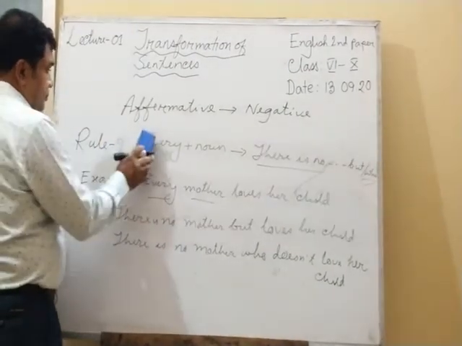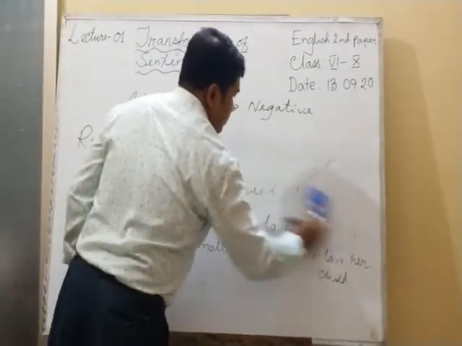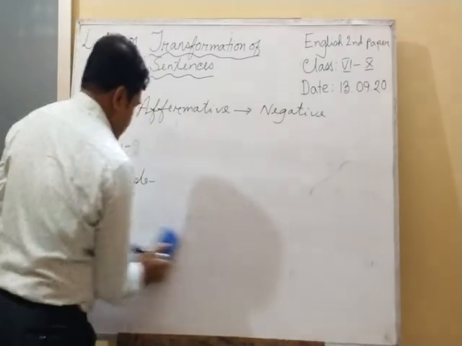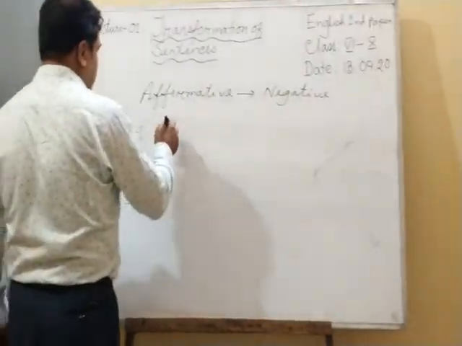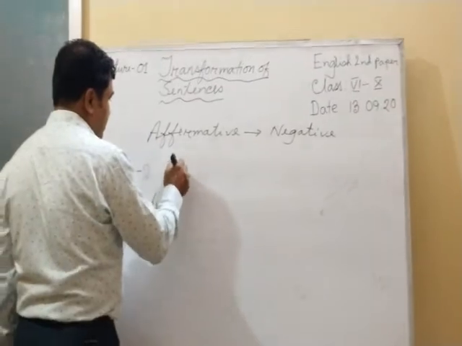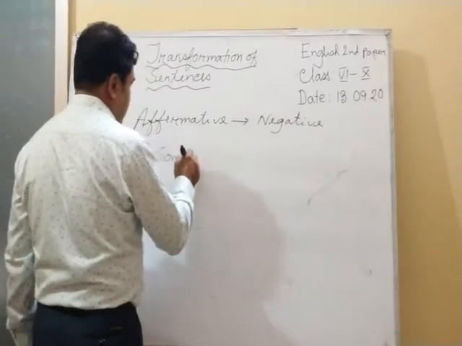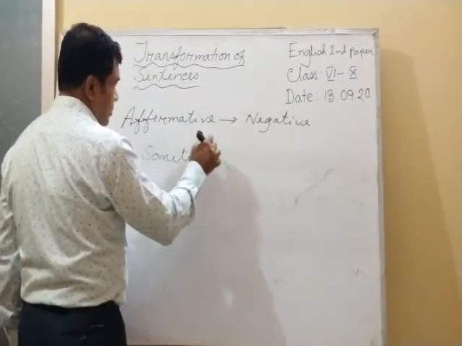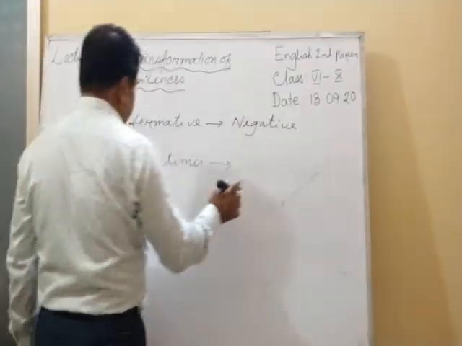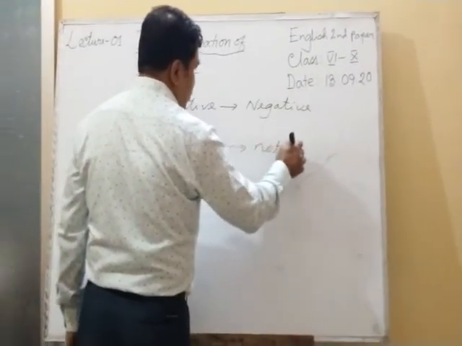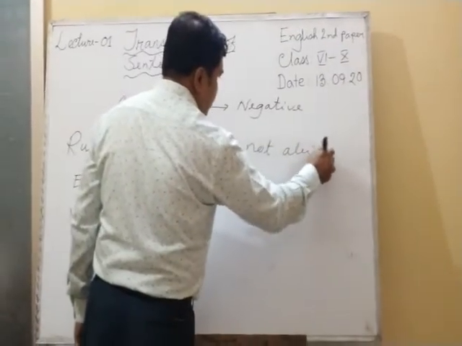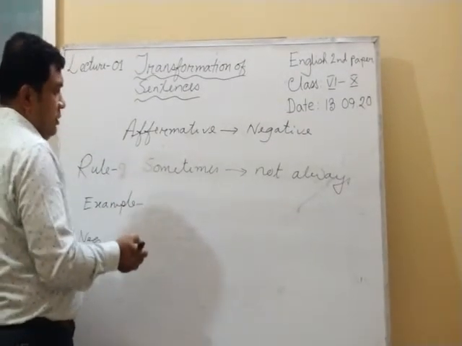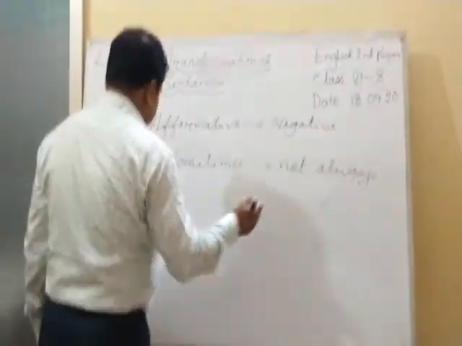Rule number 9. Sometimes, not always. If we see "sometimes" in an affirmative sentence, we will replace it by "not always".